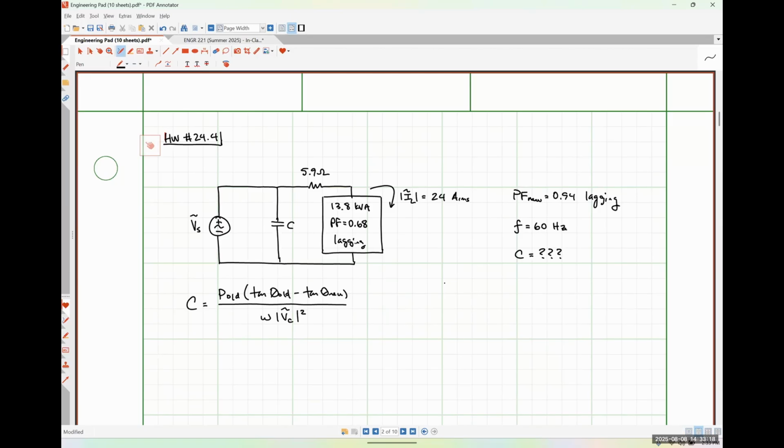So I'm just going to go ahead and write down over here, theta new is just going to be the inverse cosine of PF new, and I get that to be 19.948 and some change degrees.